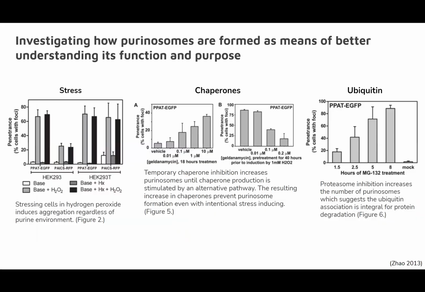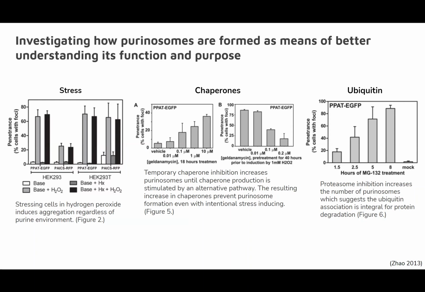So if purinosomes are formed by aggregation, it's possible that it is stress-induced, and therefore we would expect the presence of chaperones and ubiquitin proteins. The condition of aggregation was observed by treating cells with hydrogen peroxide to induce stress, and the results found that these treated cells showed aggregation regardless of varying purine levels.